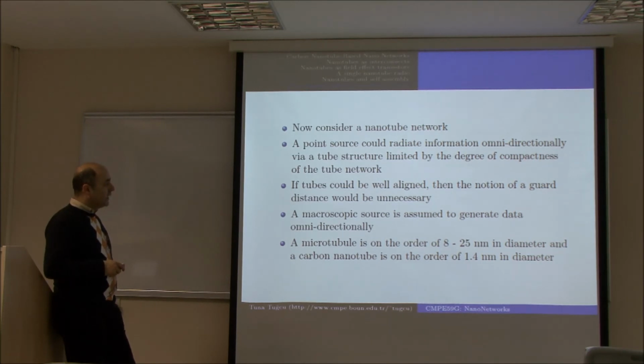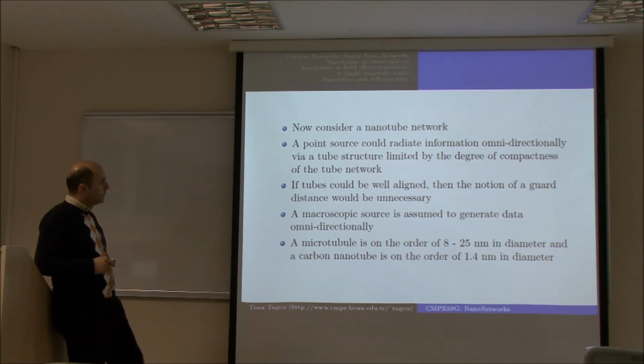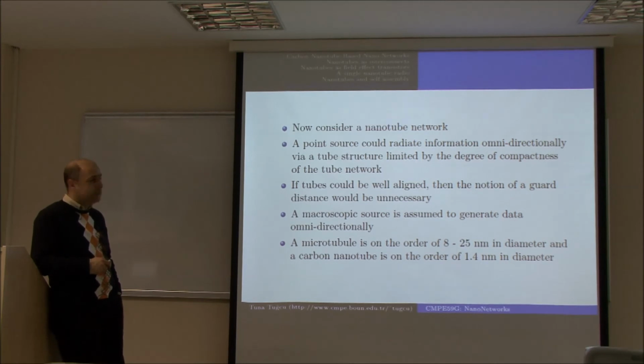So considering a nanotube network, a point source could radiate the information in an omnidirectional manner by the tube structure, of course limited by the degree of the compactness of that tube network. That's where the compactness comes into play.